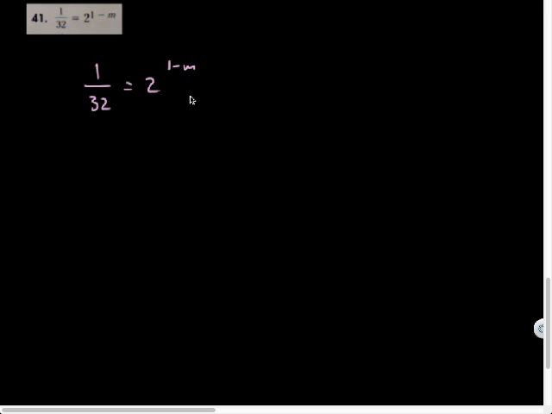And the idea we had yesterday was that if I have two powers that are equal and their bases are the same, then their exponents are equal. Now the question here is, I've got 1/32 technically raised to the first power. These bases are not the same.